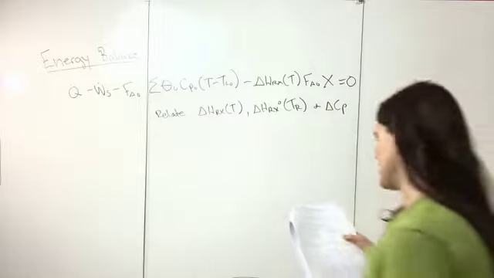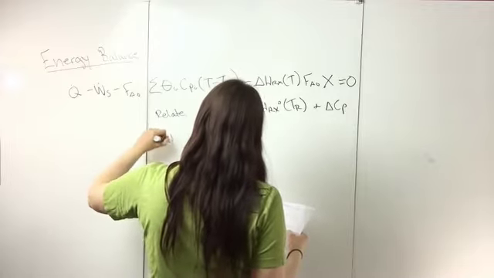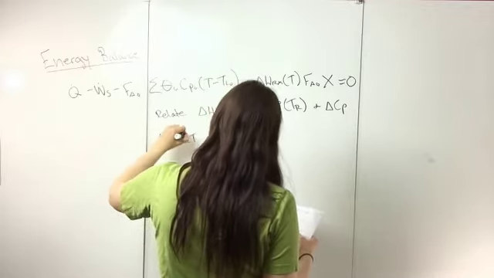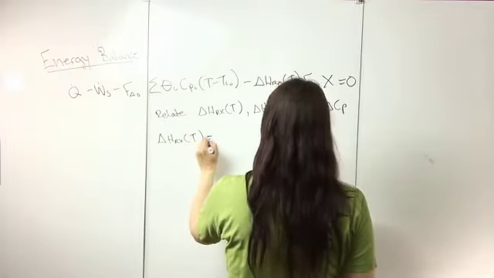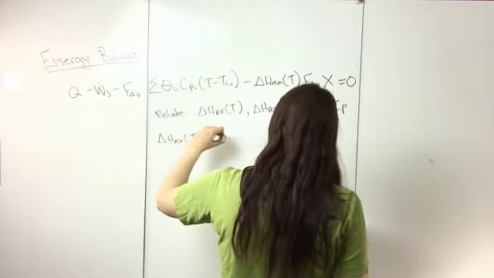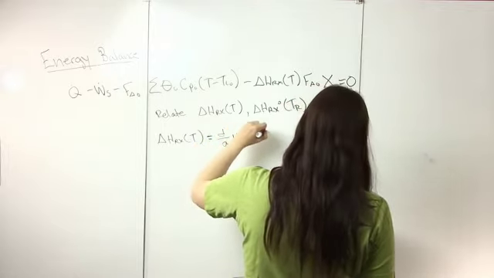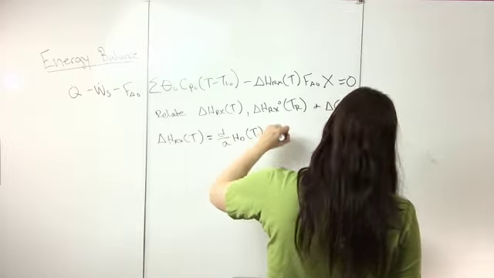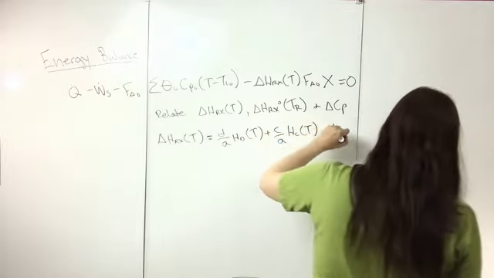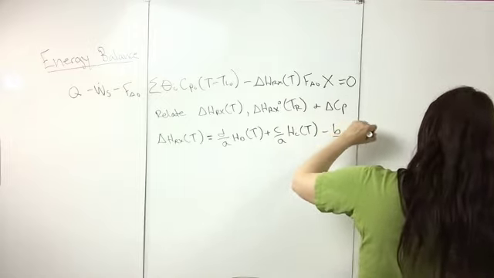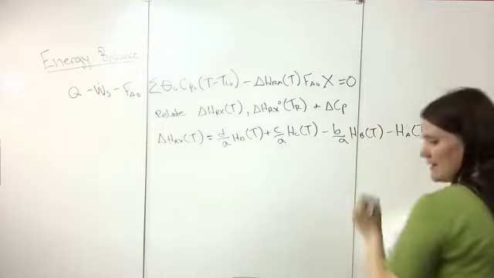So first of all, I already had this written down, but I'll try it again. We already know that the heat of reaction at this particular temperature, whatever temperature that is, is equal to d over a H_D(T) plus c over a H_C(T) minus b over a H_B(T) minus H_A(T).